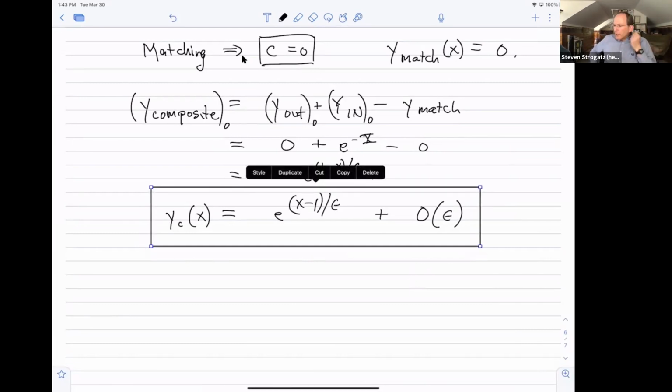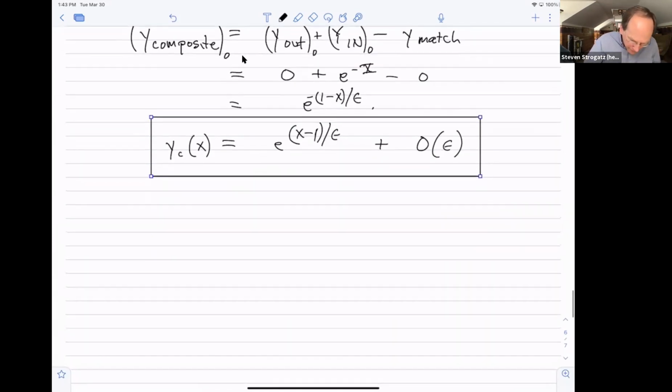Which, if you want to understand what that looks like qualitatively, the picture would be, I didn't draw this in Mathematica because it's a little too easy. I have a boundary layer over here at x equals 1, going up to a value of 1.